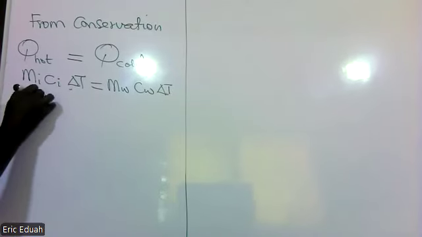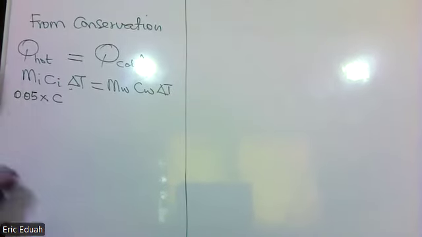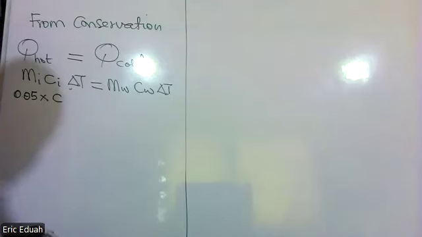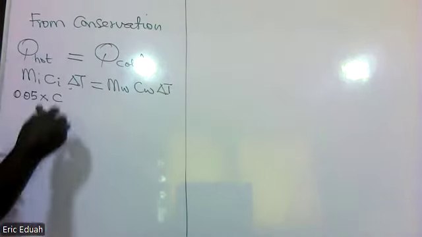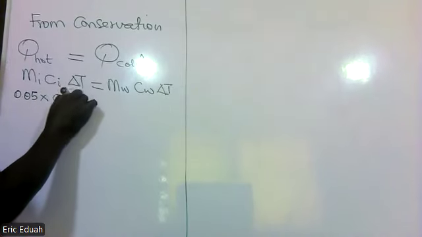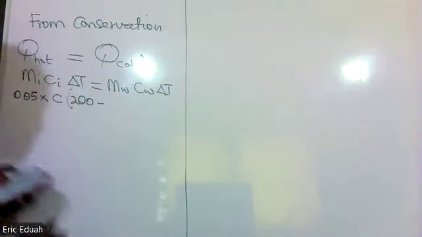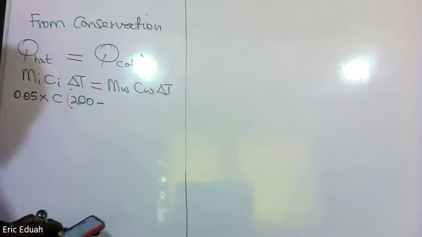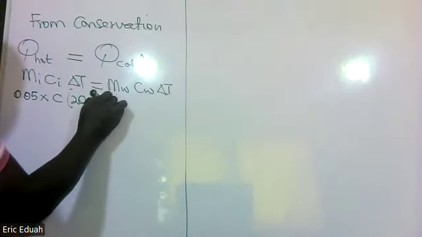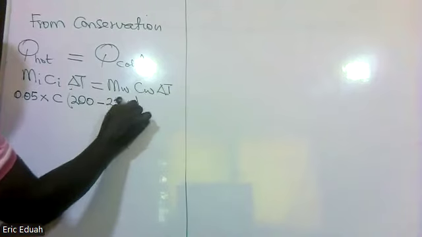The mass of the ingot is 0.05. Specific heat capacity is what we are looking for. The change in temperature: the initial temperature of the ingot is 200, so 200 minus the temperature at equilibrium, which is 22.4.